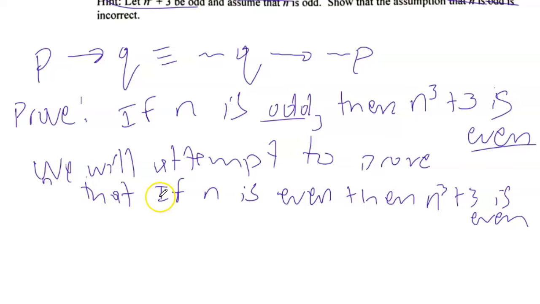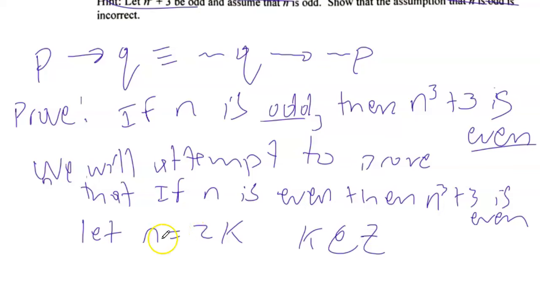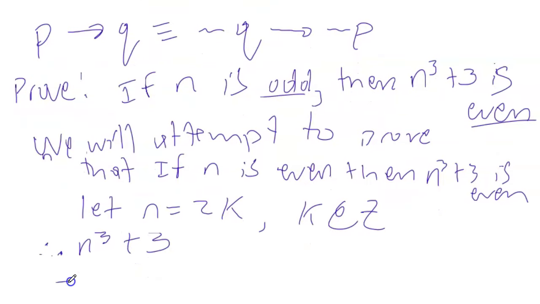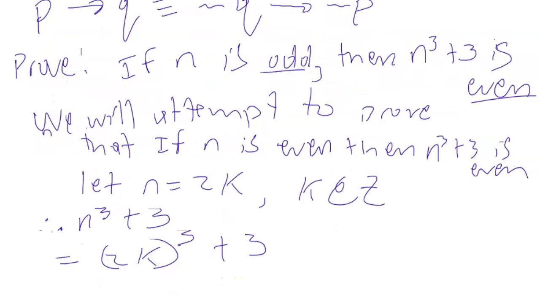So, if n is even, let n be equal to 2 times k, where k is some integer. So, let n equal 2k. Therefore, n cubed plus 3 will be equal to 2k cubed plus 3. So we end up with 8k cubed plus 3.